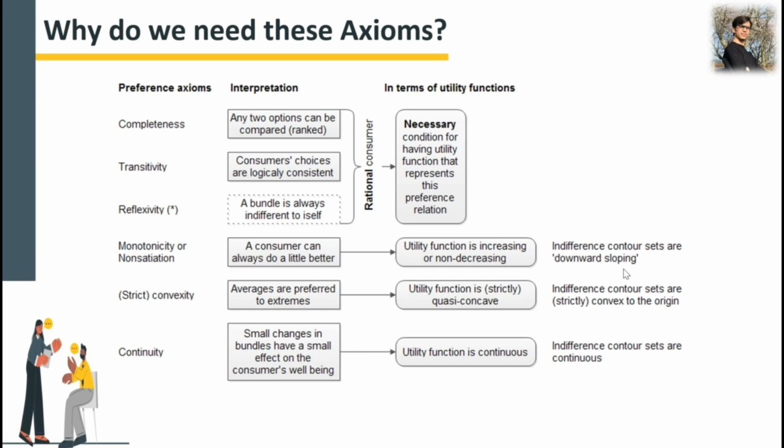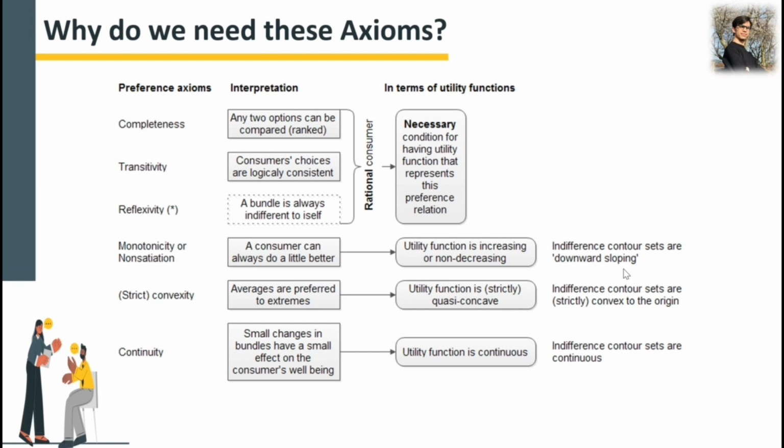So in terms of utility function, in case of convexity, the utility function is quasi-concave. And when we satisfy strict convexity, our utility function is strictly quasi-concave. And indifference contour sets are convex to the origin in case of convexity, and strictly convex to the origin in case of strict convexity.